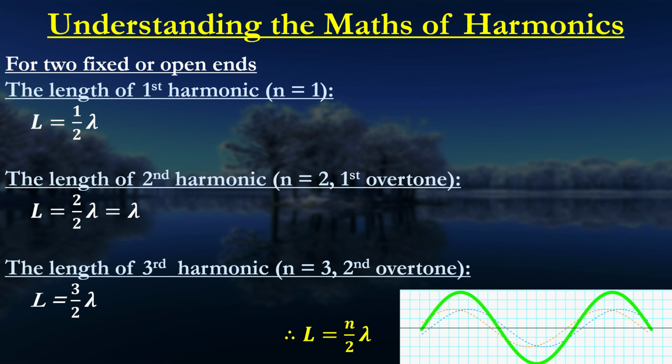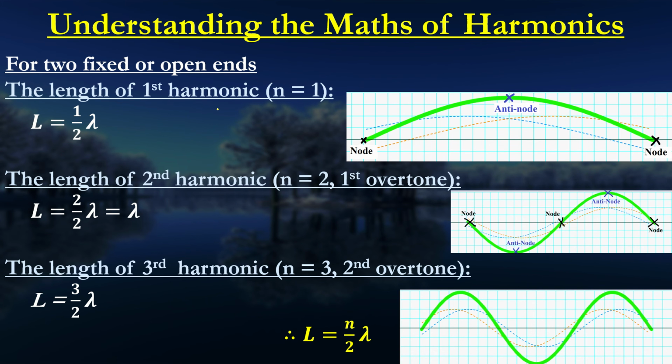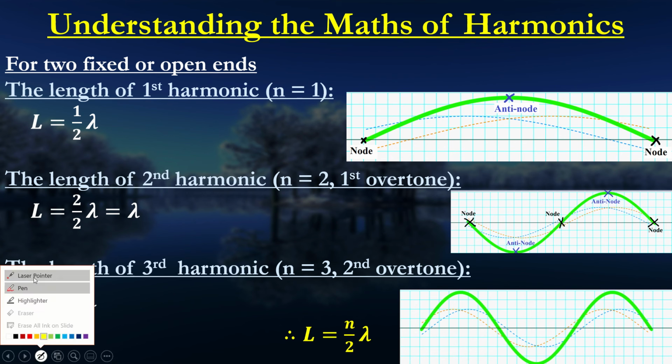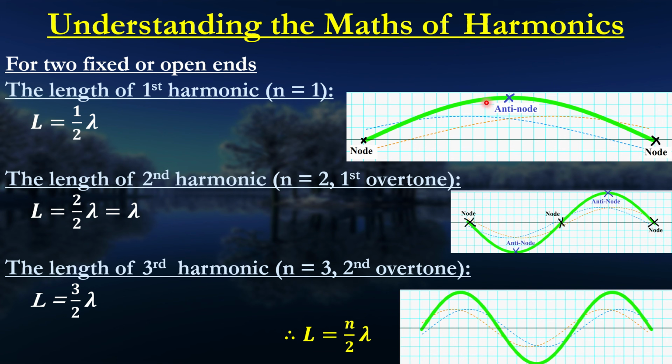Okay, so a little blooper already here, but let's just start with the first harmonic. So for a two fixed end instrument, I get this particular wavelength here. Now what we said before, if we have two nodes and an antinode, that's half a wavelength.